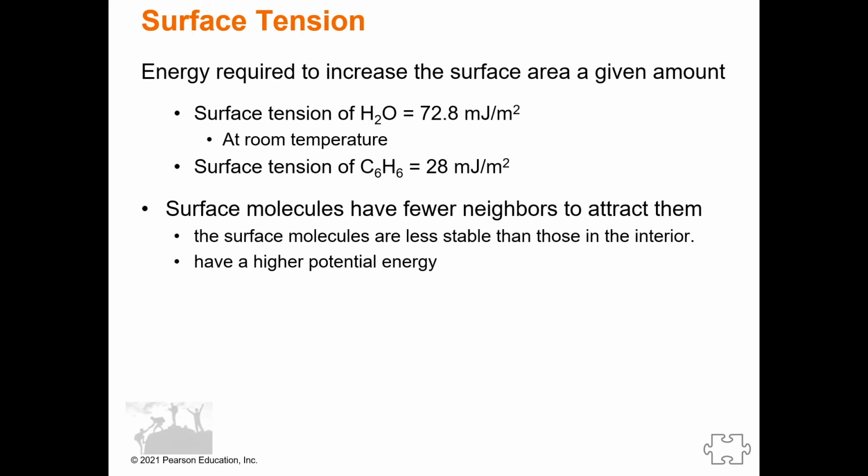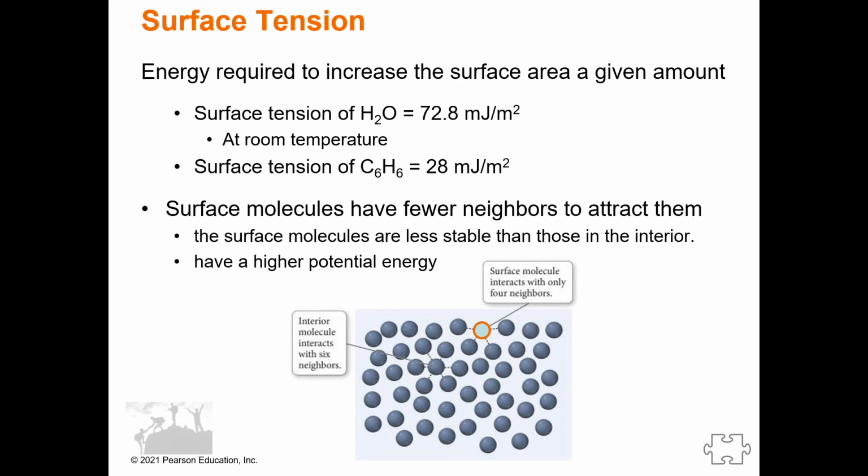Let's take a look at water molecules at the surface and just below the surface. Here we have a surface molecule that only has 4 neighbors to stabilize it. An interior molecule has 6 neighbors to stabilize it with intermolecular forces.